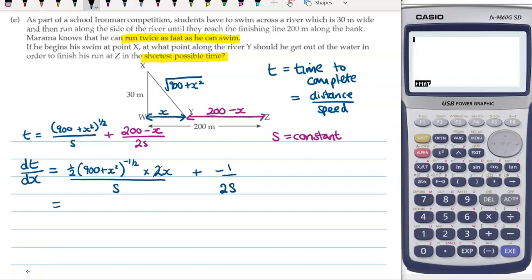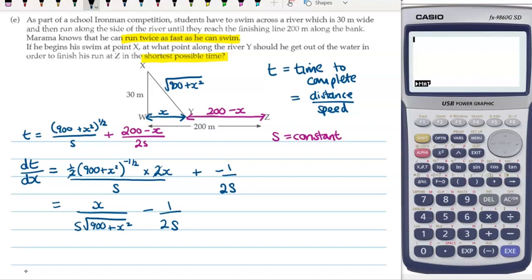Tidy that up a little. That 2 cancels with that 2 there. It'll be an x on the top, we've got an s on the bottom, and then a square root of 900 plus x squared, minus 1 over 2s.